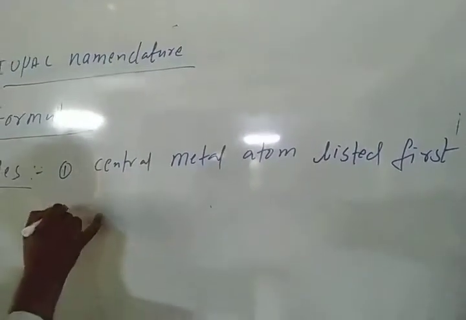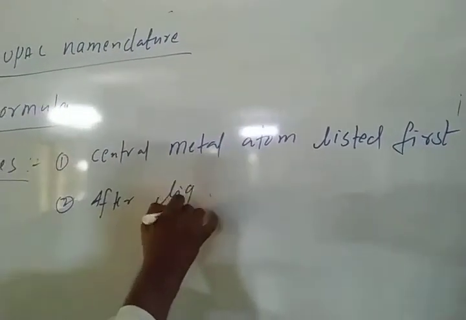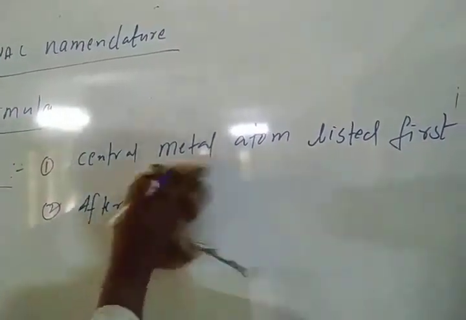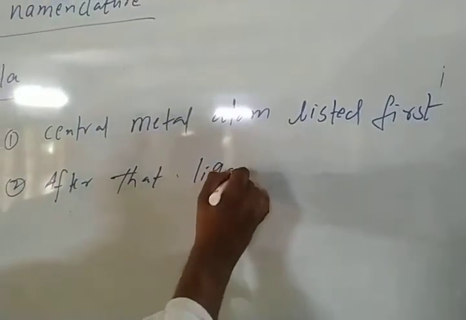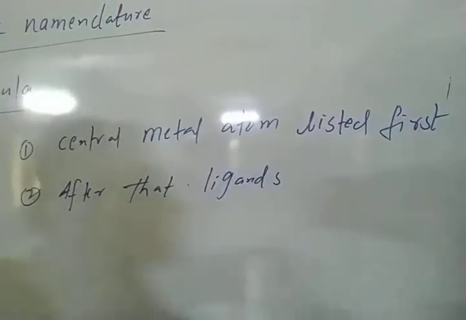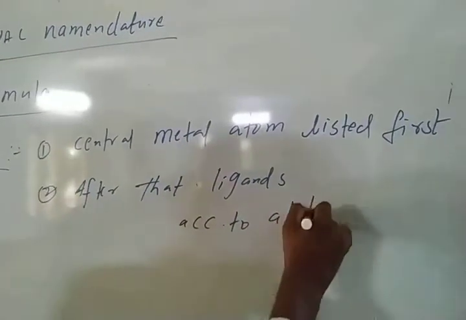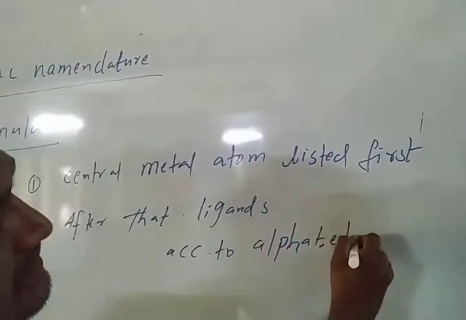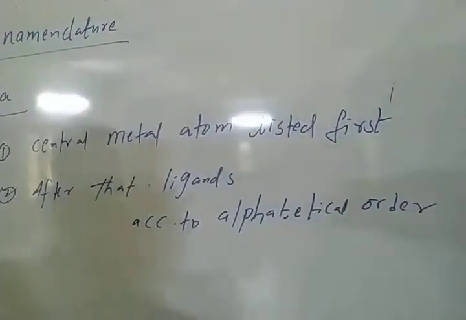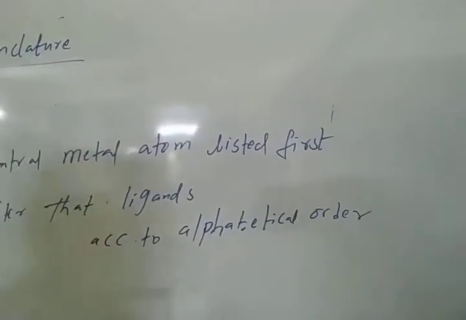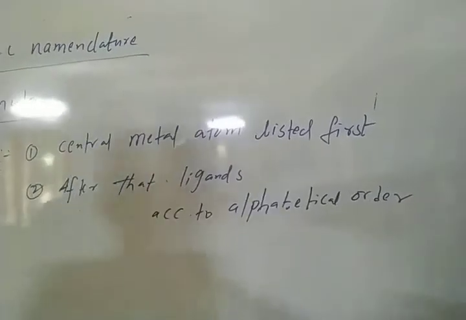Then after that, the ligands are listed according to their alphabetical order. Central metal atom listed first. After that, all ligands are represented in alphabetical order.